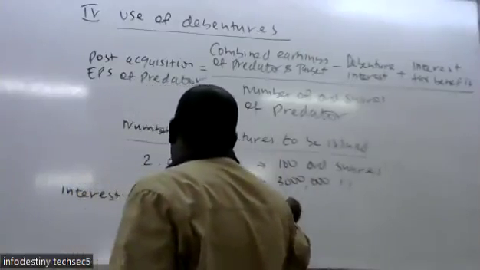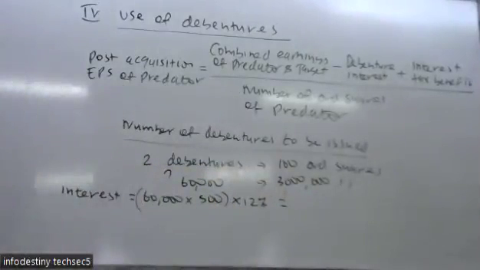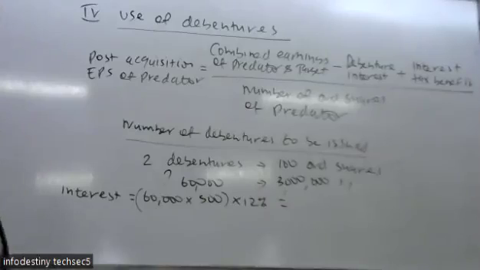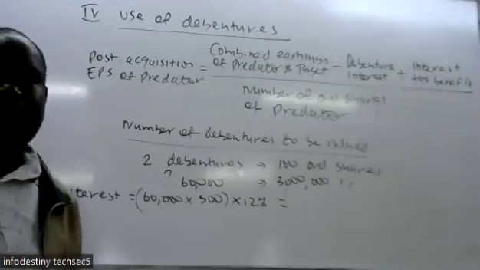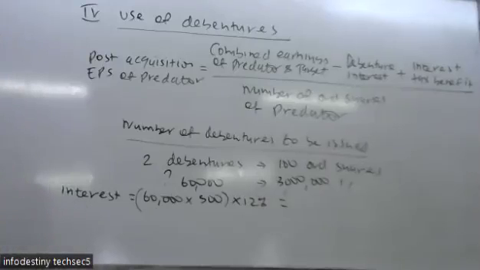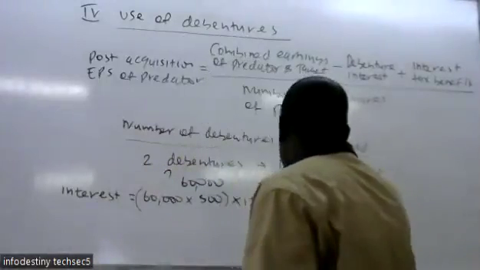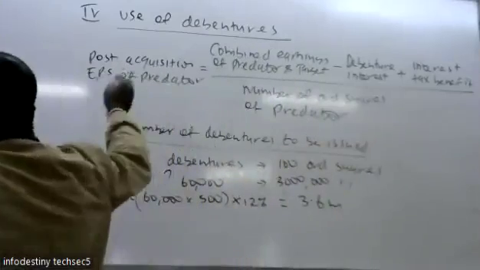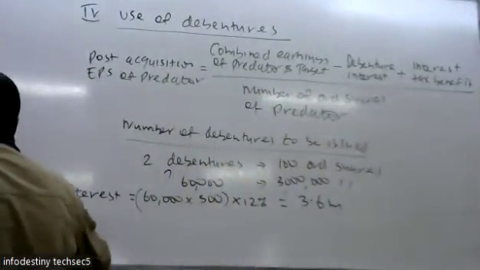Then you get 12% of that portion, which is $3.6 million. So now we go back to compute that earning per share.